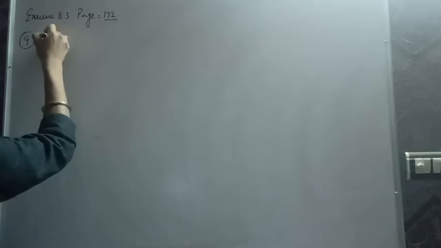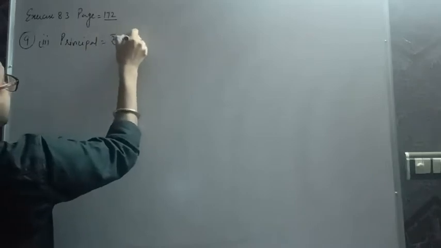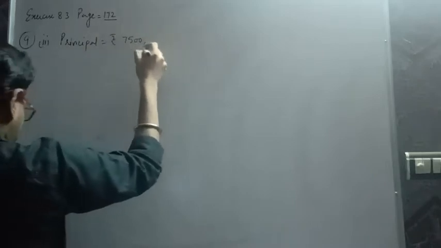So I am going to do exercise 8.3, page 172, question number 9. I am doing the second part. Principal is given to us. Principal is rupees 7,500, at 5% PA.